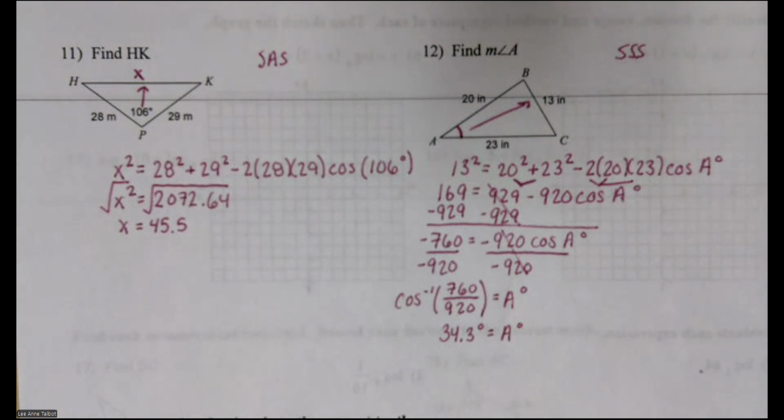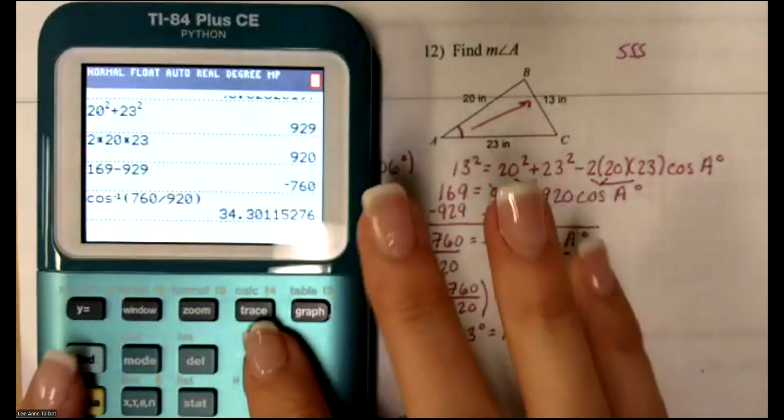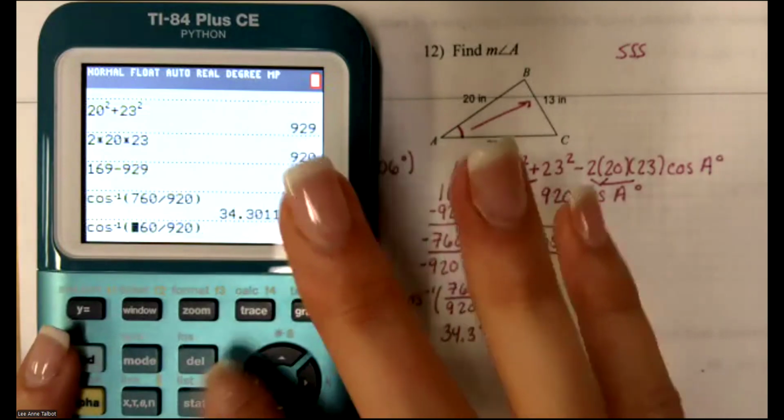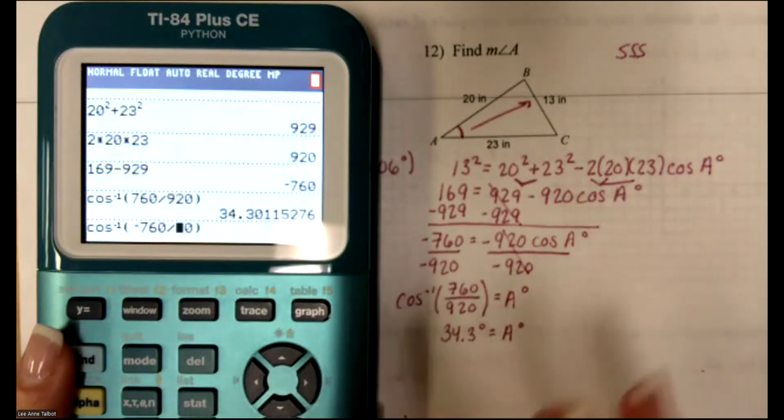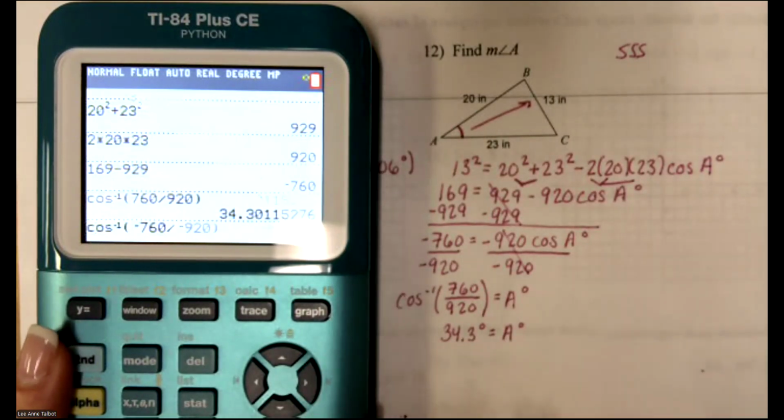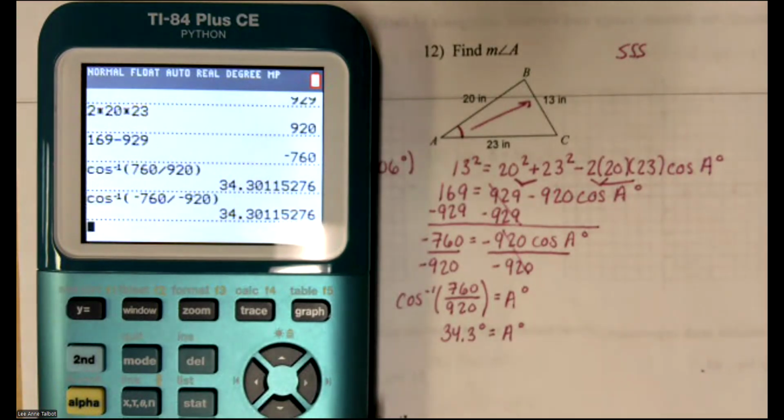What's wrong? Did I do something wrong? It's quite possible. Okay, let me see. If you had just left them negative and not even thought about it and just put it in the calculator like that, it would be fine. I just canceled them out because it's ugly to me, but the calculator doesn't care.